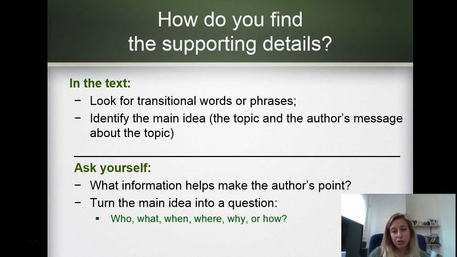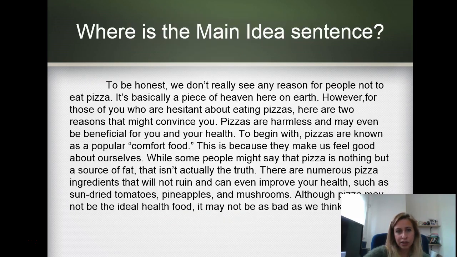You can also ask yourself, what information helps make the author's point? This is where it will take us to the supporting details. And turn the main idea into a question. It means we can ask how or why, and the answers we get to these questions will be the supporting details of the text.